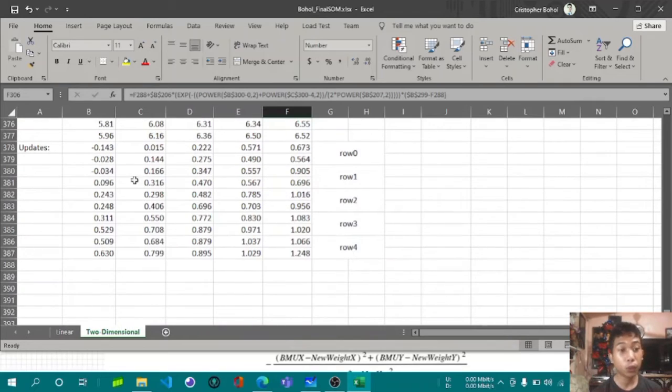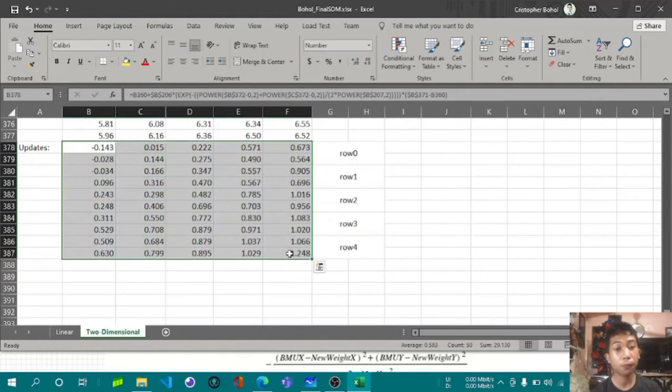Then after that, we also need to use this so that we can solve for epoch 3.